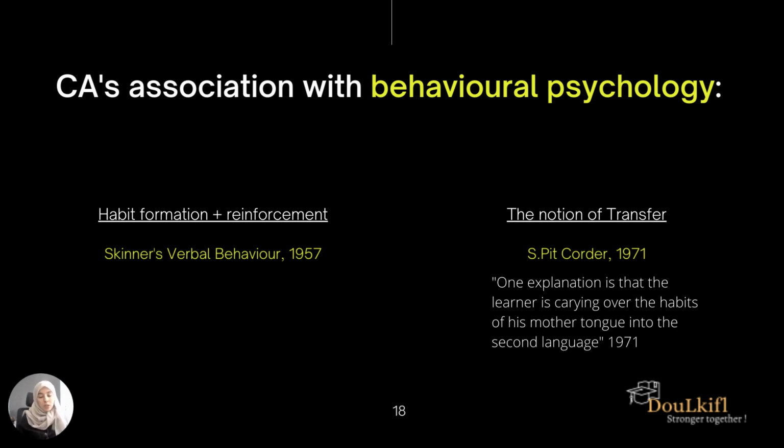And so according to Skinner, we learn our first language through habit formation plus reinforcement. And you're going to hear a lot of words like punishment, reward, stimulus, response. These were the notions and the ideas cooking back then. The second notion was the notion of transfer, as in Pit Corder in 1971.